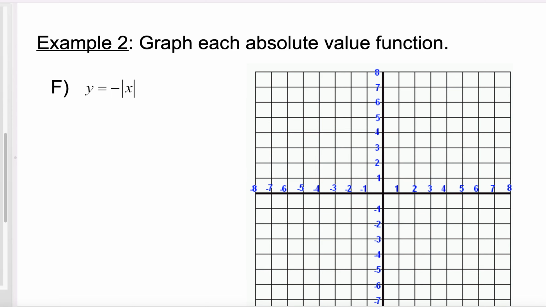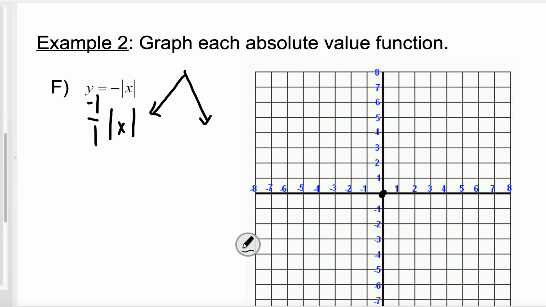So now what happens if you've got a negative on the outside? Well, the negative there on the outside is going to make it upside down. So it's going to look like this. It's just a reflection. So normally it's sitting here at 0, 0, and then we're going over 1 and up 1, and it's going to look like that, right? Well, in our case here, this is like it's a -1 over 1.